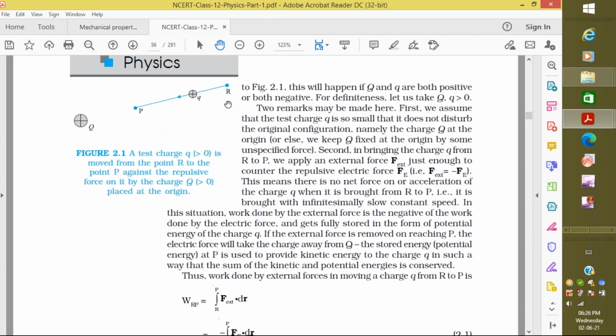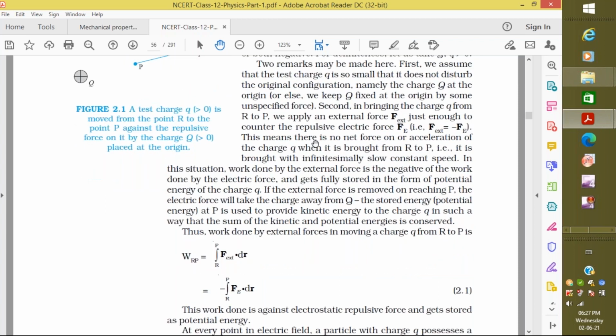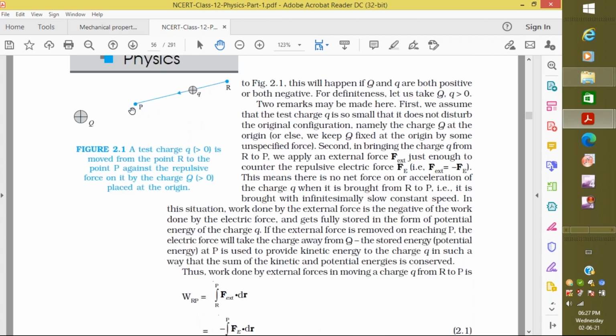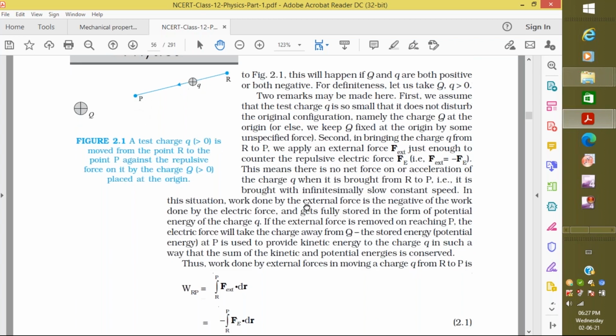Since it is done by the external force against the electric field, this external force will be exactly equal to the electric force but opposite in direction, and the work you do to bring the test charge to P will be stored at this point P as the potential energy. Okay, potential energy.